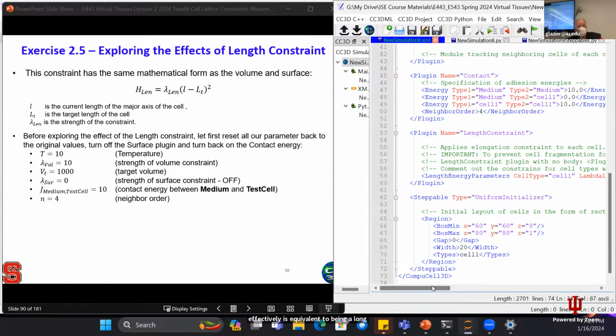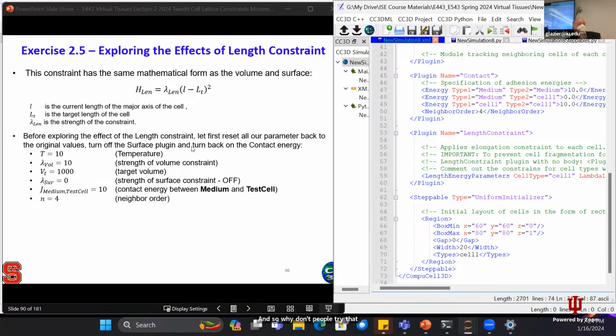And so then you have to play some games with things like the connectivity constraint to prevent the cells from breaking apart. But if you want an aspect ratio of something like 2 to 1, you can get it pretty reasonably using the length constraint. And so why don't people try that?